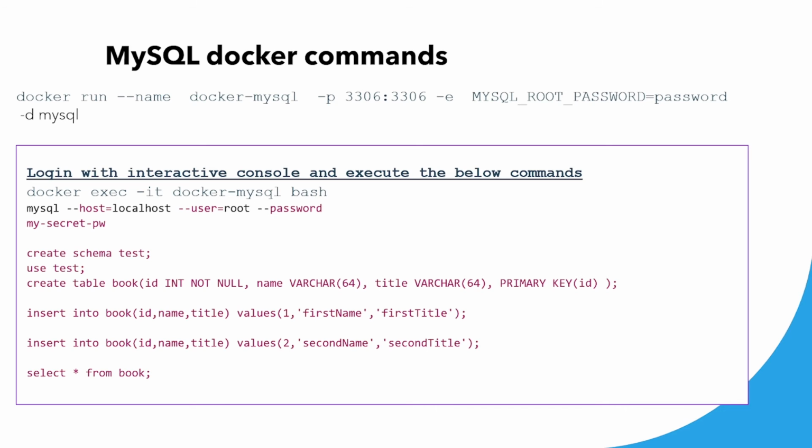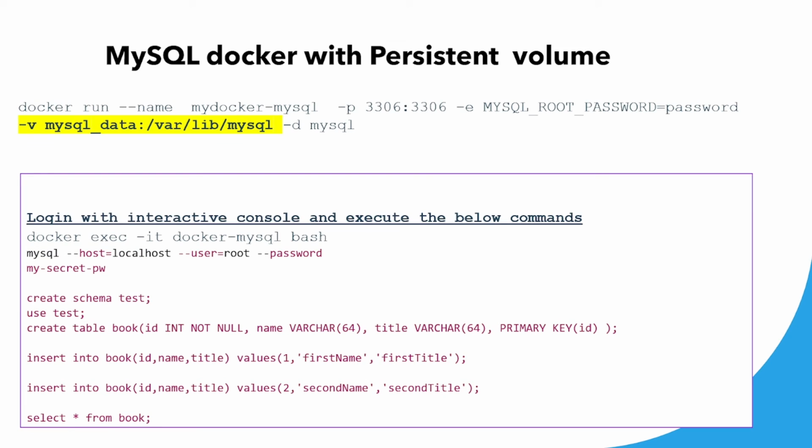So, in order to avoid this problem, let us add a named volume while creating a container so that it will not delete the volume unless we delete it manually. The command for that is -v MySQL data, that's the volume name, and the path of the volume where it has to be created.